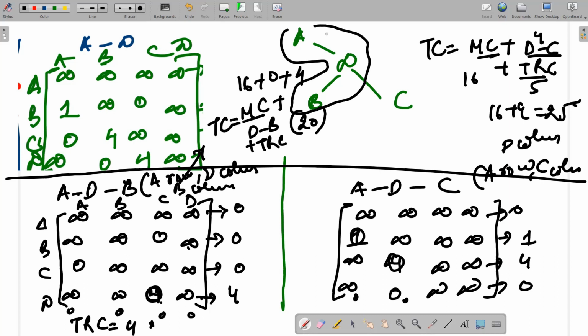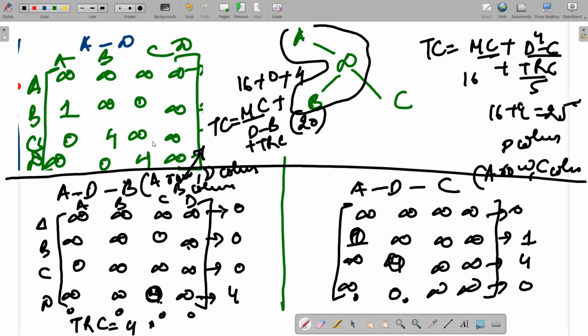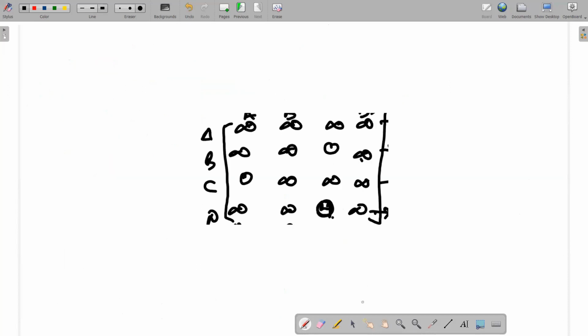It means I will choose this particular vertex. So in the next page, we'll choose this.